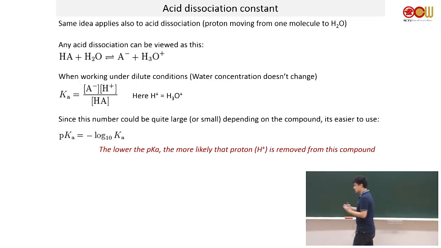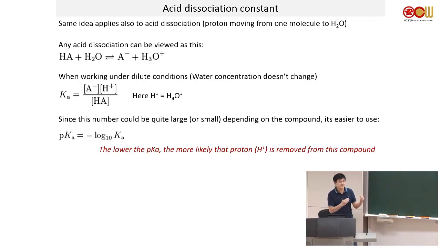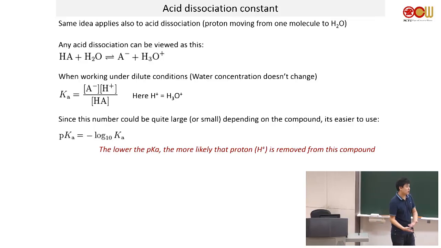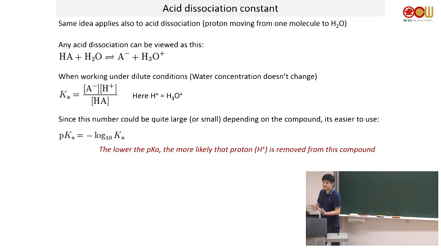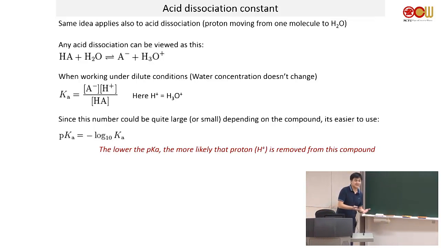All chemicals in nature, you can view it as a relative thing in terms of their stability. Any chemical reaction, you always have reactant and product. If the product is more stable, that means the reactant is, relatively speaking, less stable. So it's more reactive.